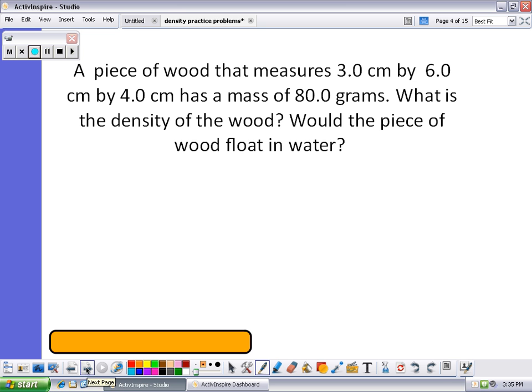Problem 3. A piece of wood that measures 3 centimeters by 6 centimeters by 4 centimeters has a mass of 80 grams. What is the density of the wood? Would the piece of wood float in water? Pause and do the problem.